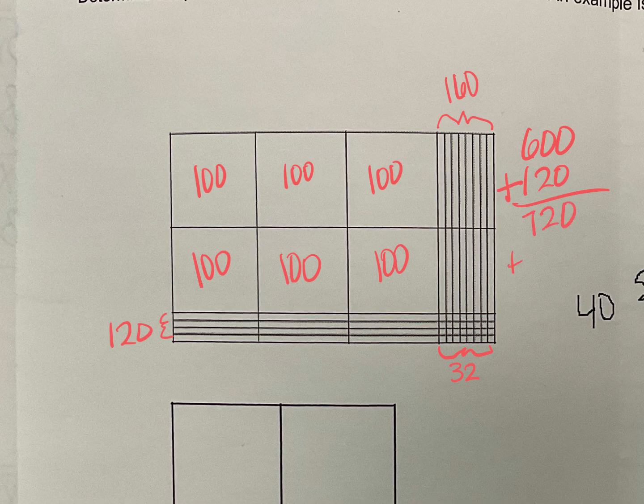Then I'm going to go add my 160. So that's 880. And then I'm going to go add my 32. So this is 2. 8 plus 3 is 11. Carry your 1. 912. So this particular area model has a product of 912.